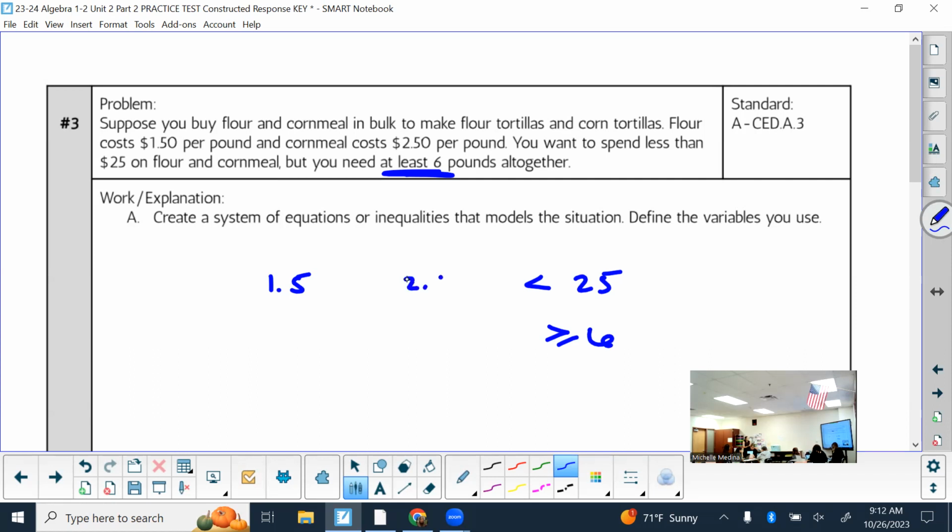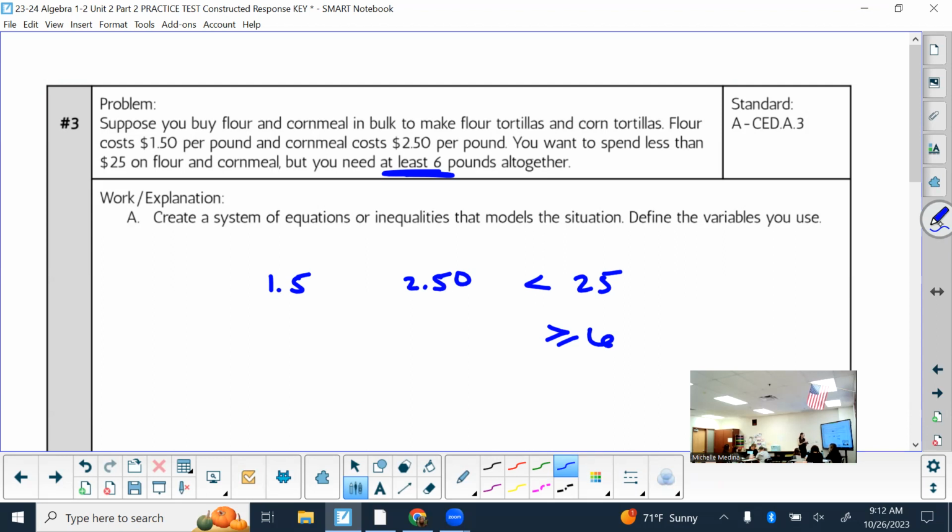Now, it's not going to be 1.5 plus 2.5, there needs to be other stuff there, so what other stuff do I need? If it's 1.50 per pound of flour, how can I represent that in math?